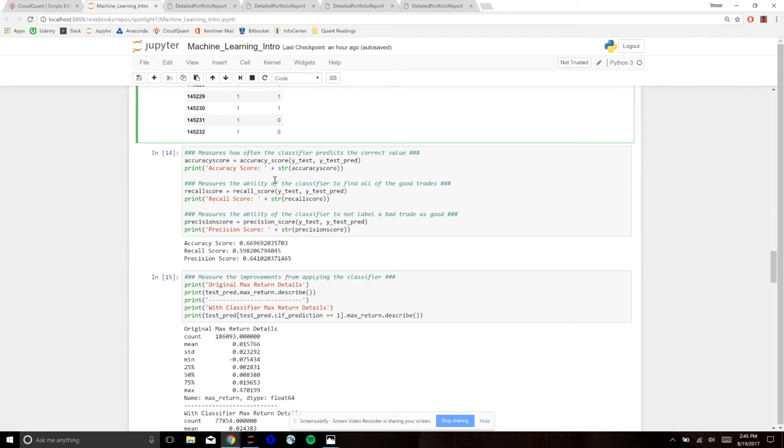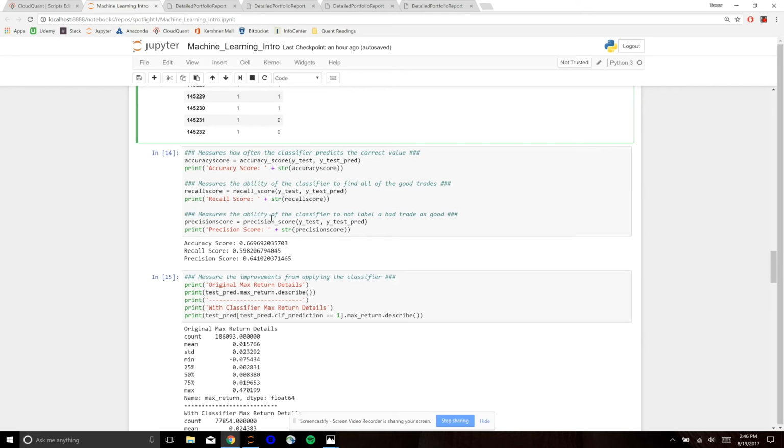Another pretty major score for machine learning algorithms is called recall. You can think of this in terms of baseball as out of how many strikes that are thrown, how many times does a batter hit a strike? Then there's precision, which is our next score.